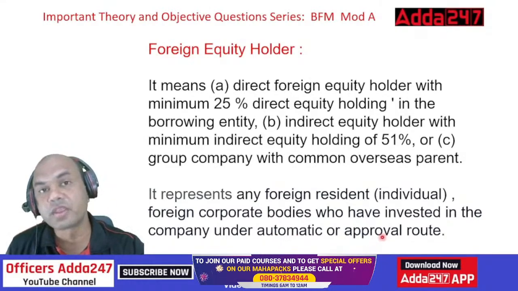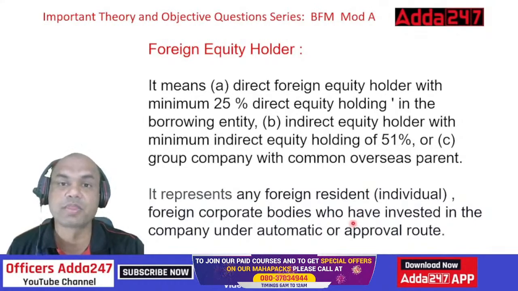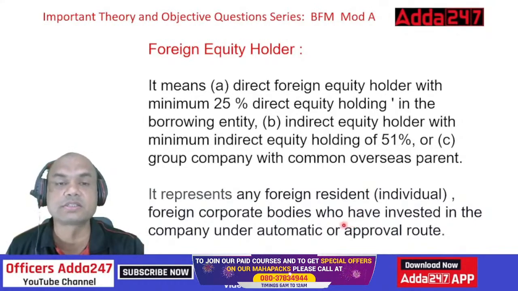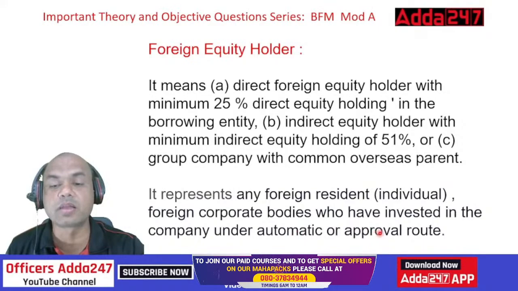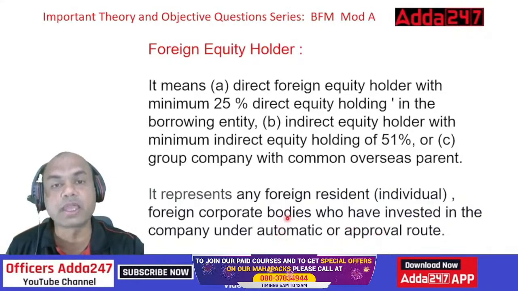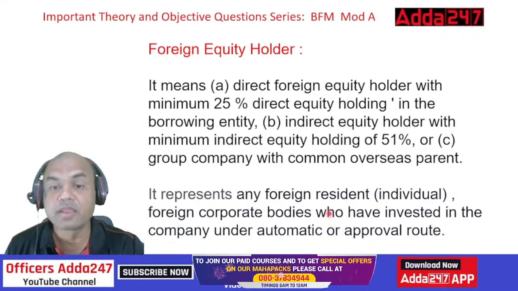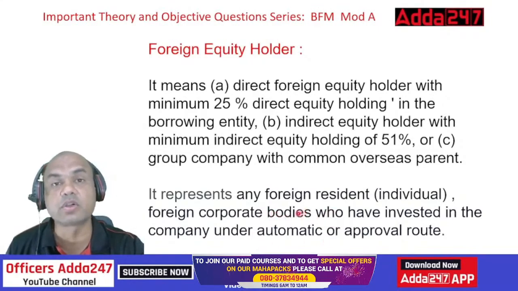approval route. Now, what is automatic and approval route? Follow yesterday's lecture. I have given the clear discrimination between automatic and RBI approval route. Just to summarize, in automatic route, the documents are checked by the bank itself, and under approval route, the documents are checked by the RBI. There are various sectors under which the automatic route is allowed.